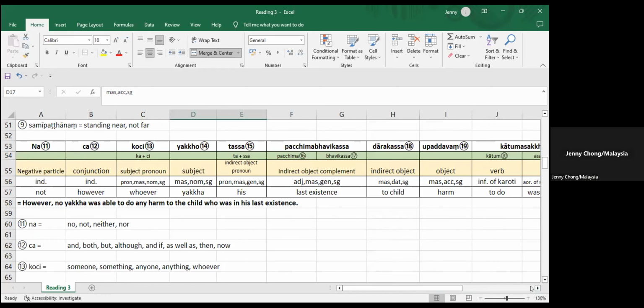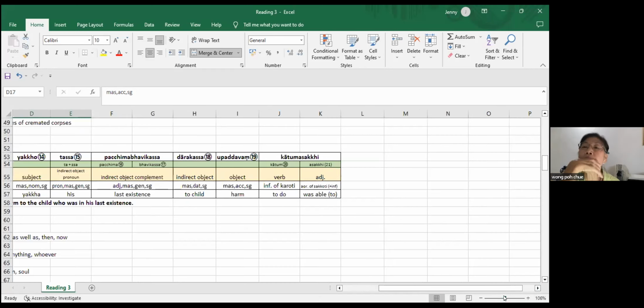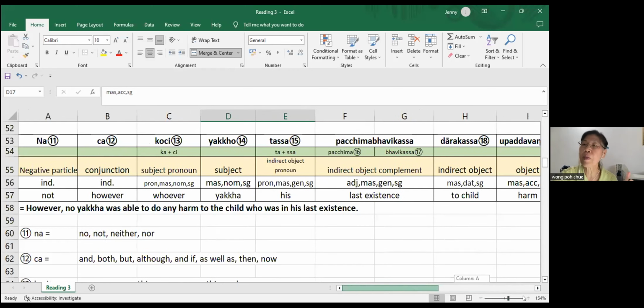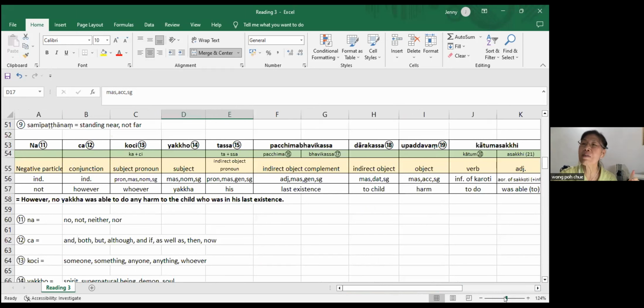It's a bit small, quite difficult to see in the dark. Can we go to the front part, please? And the object here, the direct object I take as the upadawang, and darakassa as the indirect object.